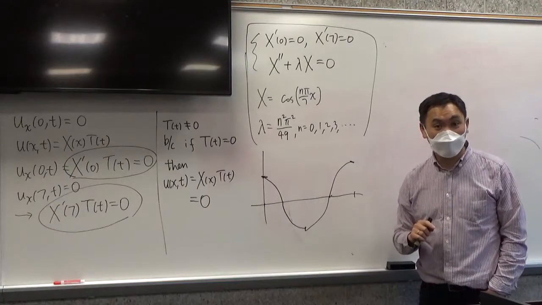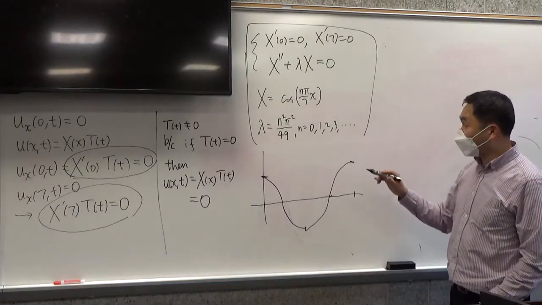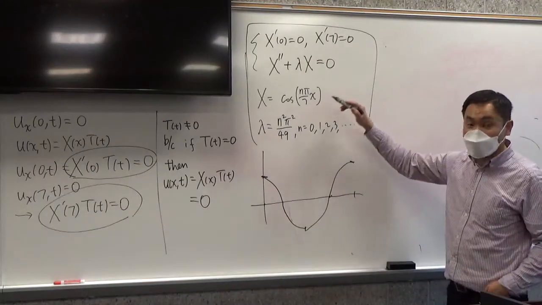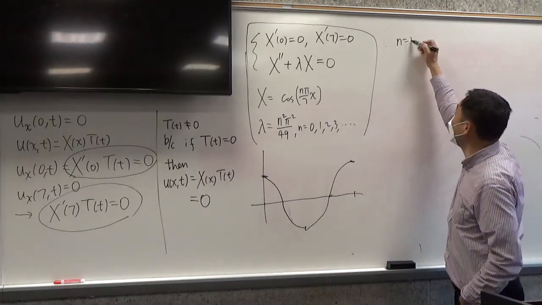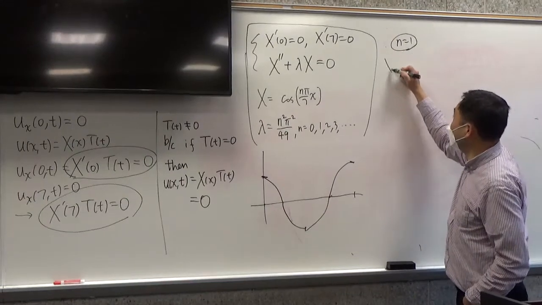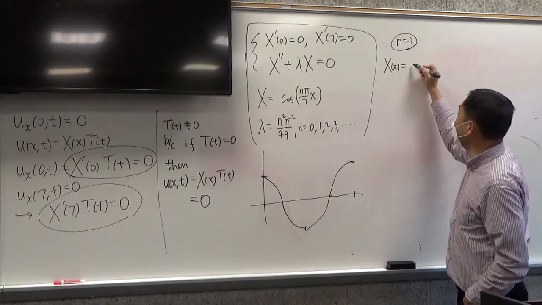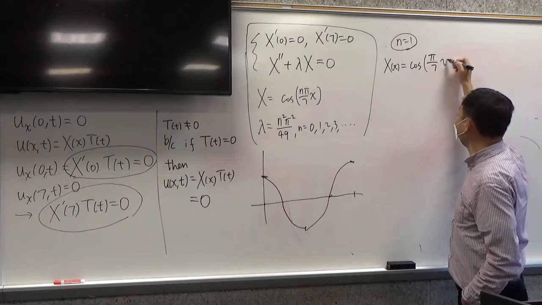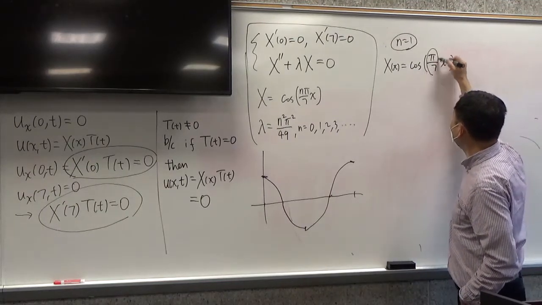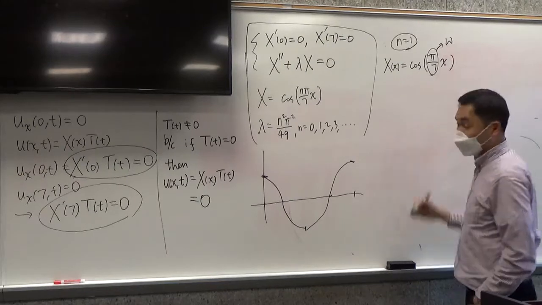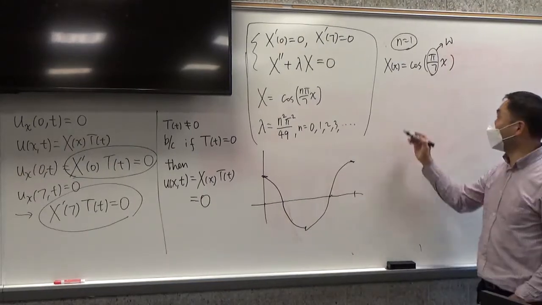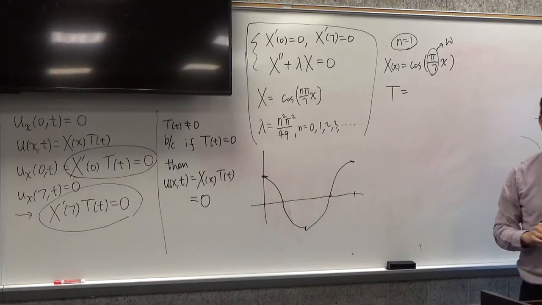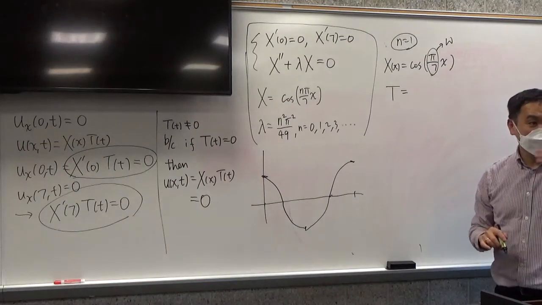Now, just to give you an idea of what these functions look like, think about what happens when n is 1. You get X of x as cosine of pi over 7 x, with this being the angular frequency, right? Who can tell me how to get the period from the angular frequency?